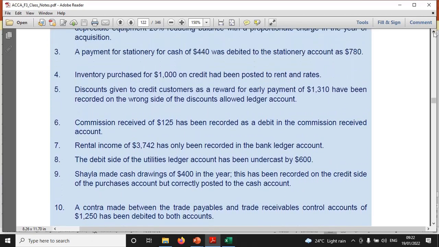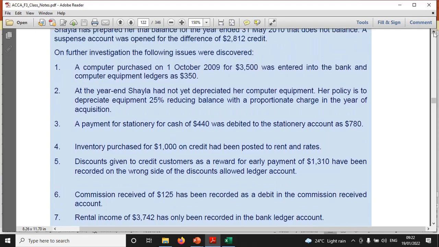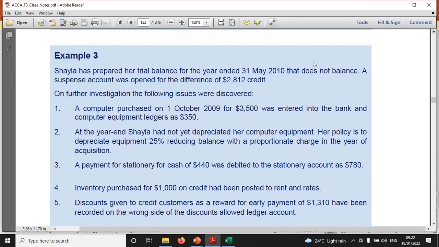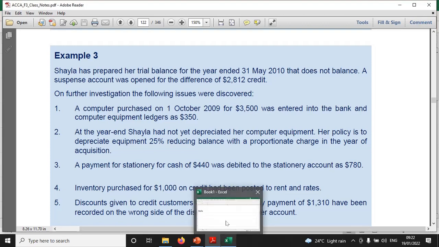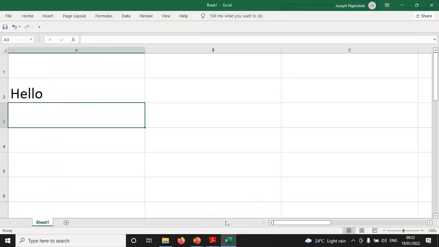So we have to kill how many birds? Two birds with one stone. So I'm going to be doing the journals, and I'm also going to be doing the suspense as well. So we are seeing here 2812 credits. You open your suspense account. Can you open the suspense account? All right, here, suspense.